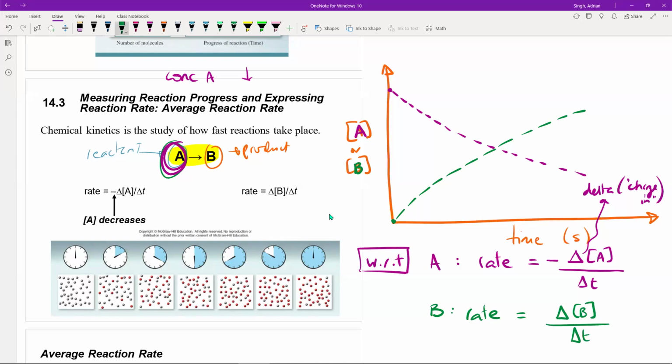So we've just expressed the rate of this generic equation in terms of the concentration of A, and also in terms of the concentration of B, the reactant and the product.